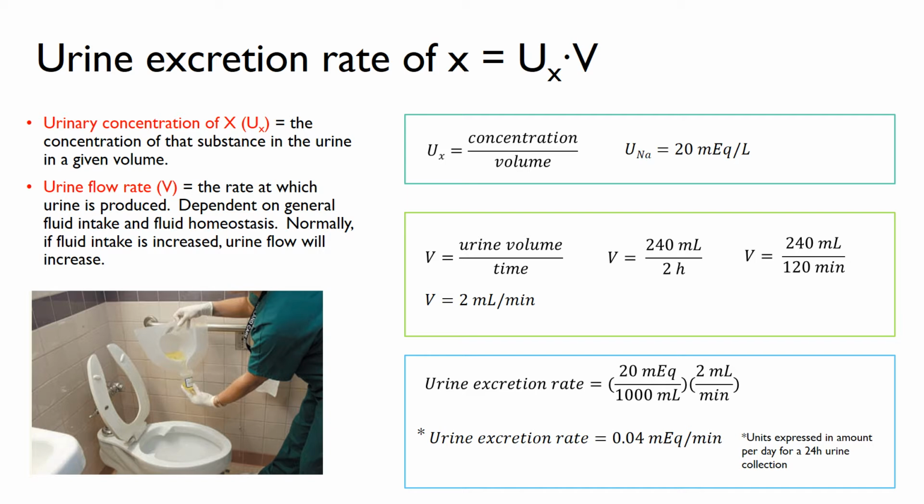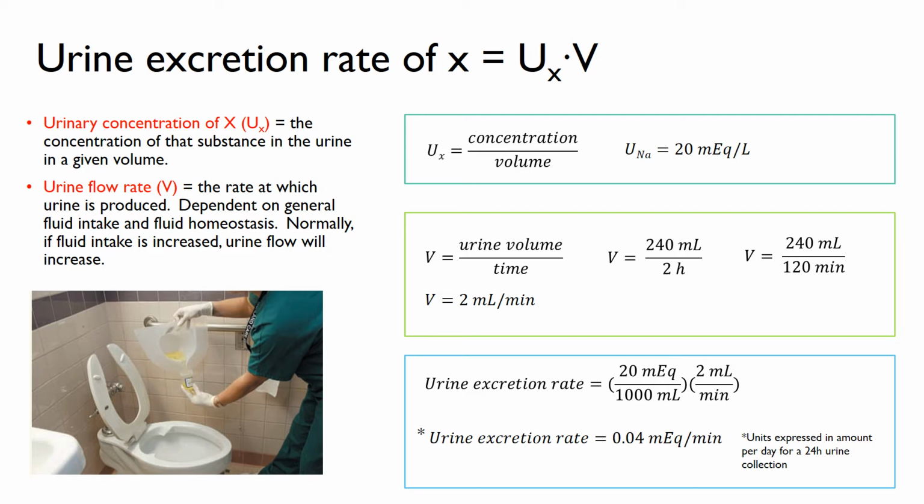Okay, so now we have our two variables, U of X and V. Now that we have them, we can calculate urine excretion rate. Urine excretion rate is U of X times V. So that's what we have here. U is right here, 20 milliequivalents per liter, or 1,000 milliliters.